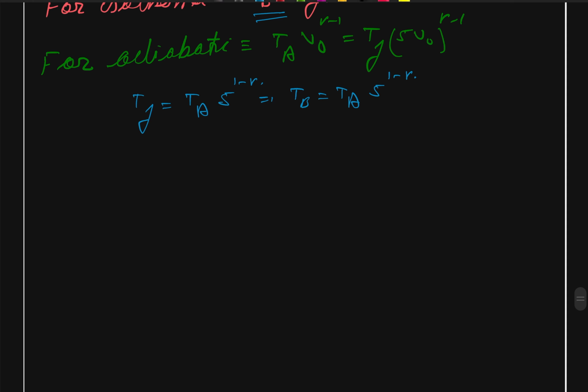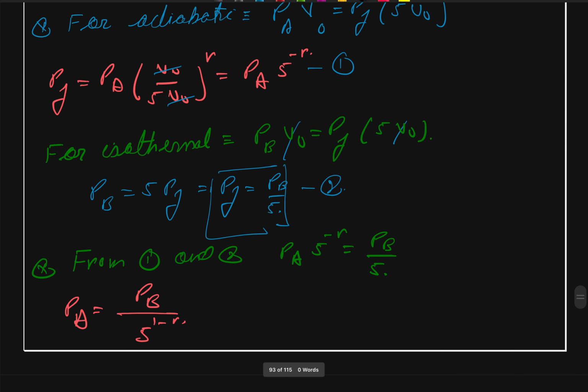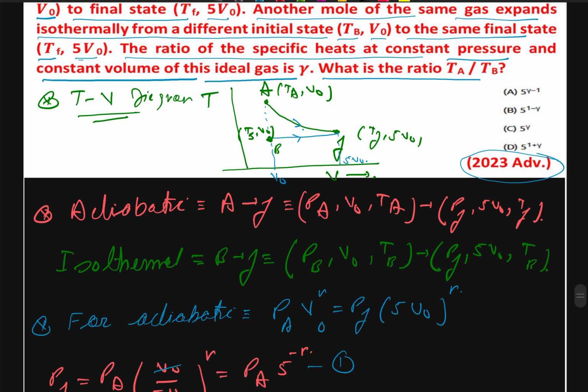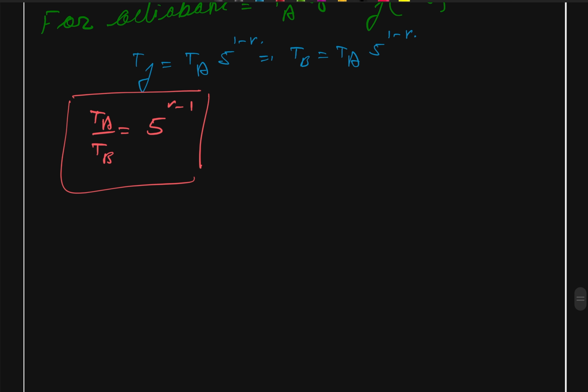Therefore, their ratio, which is our T of A upon T of B, is equal to 5 raised to power gamma minus 1. Option A is correct.